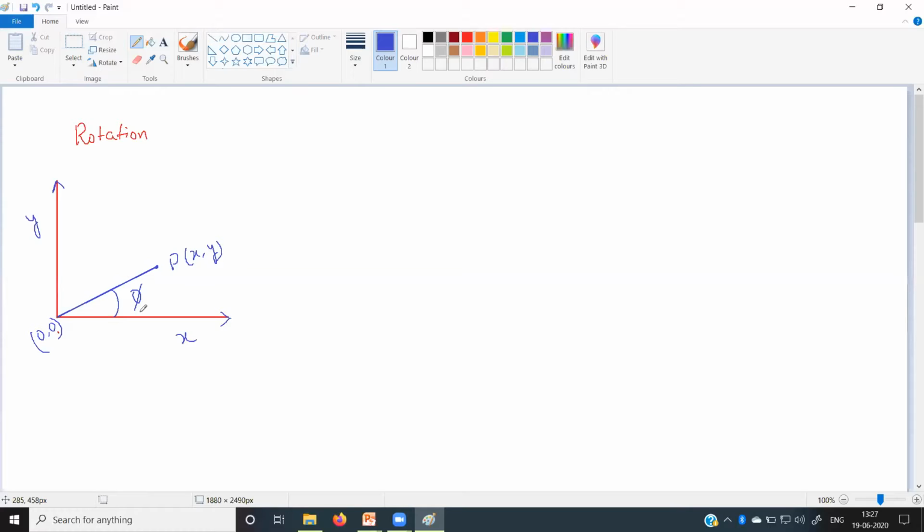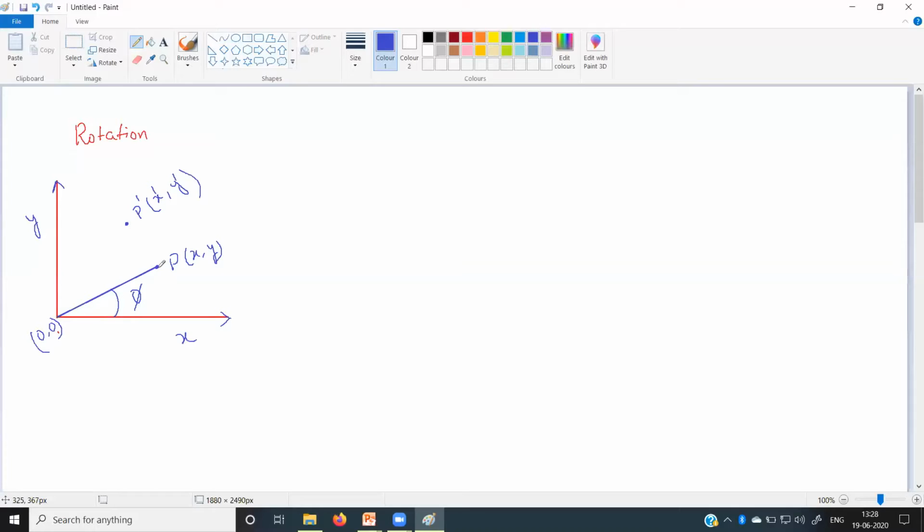So P is my point, I first connect this point P with the origin, and phi is the angle. Now I want to rotate this point P in the anti-clockwise direction, and I want that my point P will appear somewhere here after rotation. The point becomes P dash and the coordinate is (x dash, y dash).